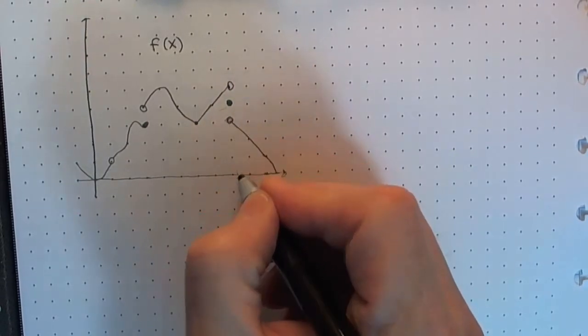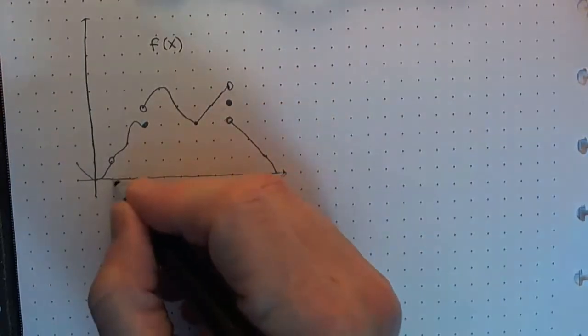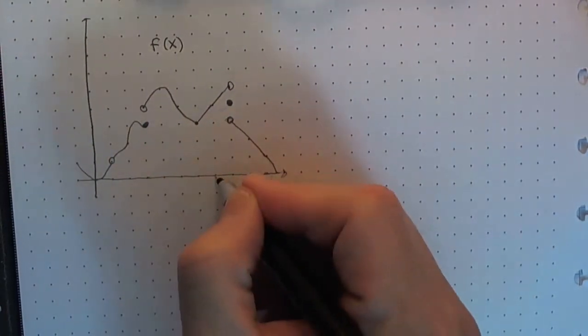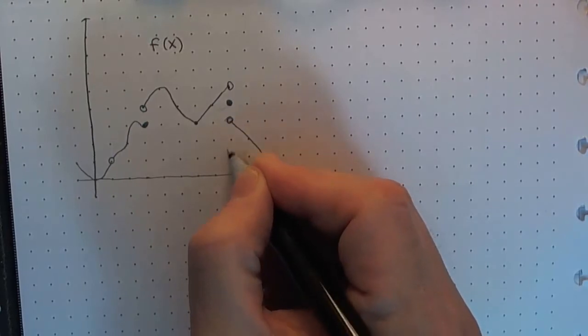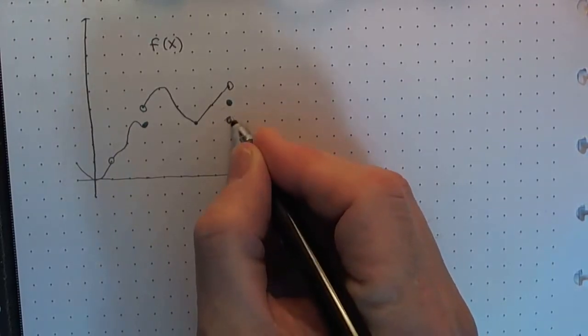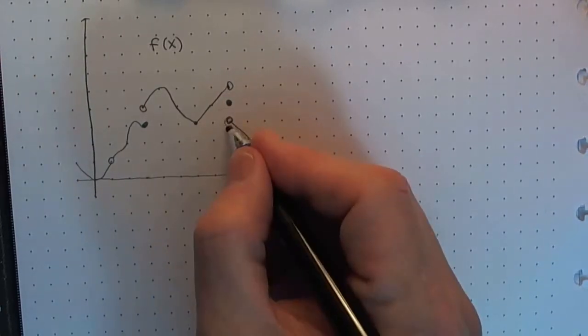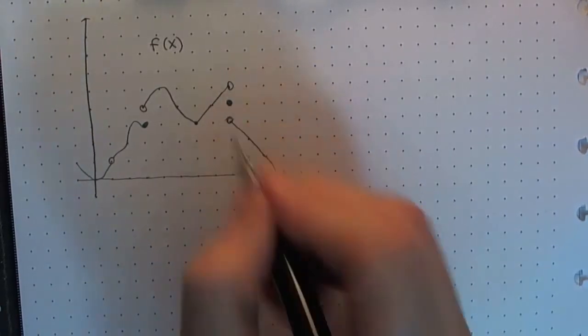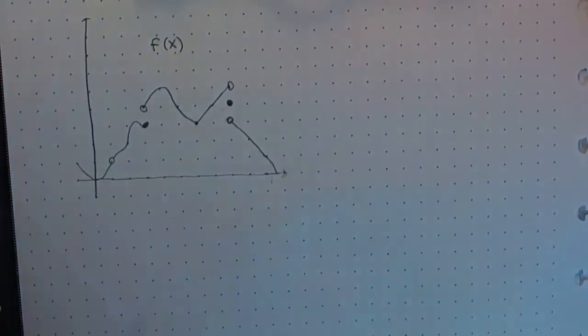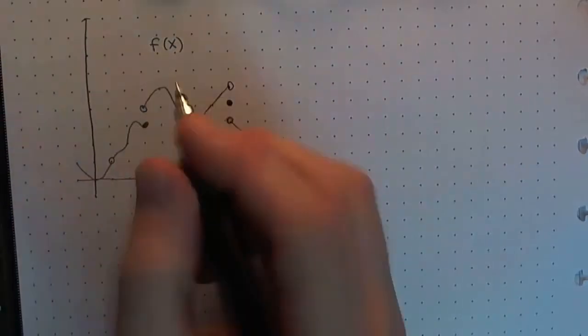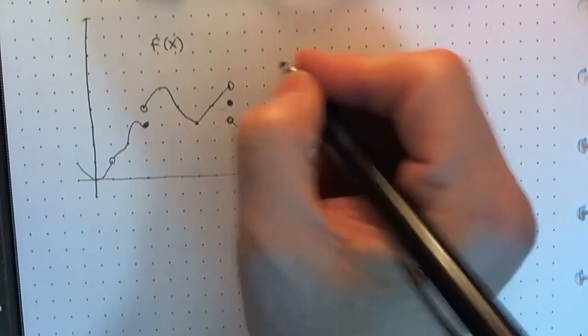In other words, right here at f of 8, you don't look here for the function value. You look right here. You don't look where the open circle is. That open circle is right above 8, so you have to look where you have the closed circle.